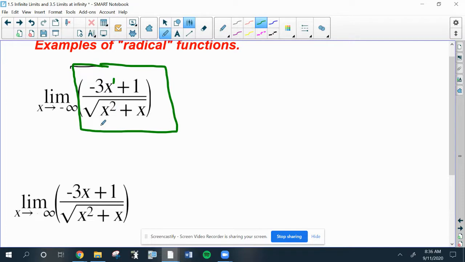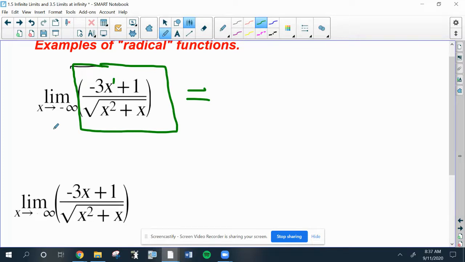So these degrees match. Therefore, just like we did with rational functions, you're going to take the ratio of the leading coefficients. But when you're dealing with radical functions, if you're approaching negative infinity, you write the opposite.